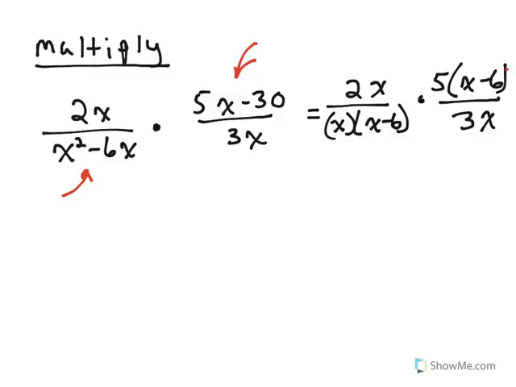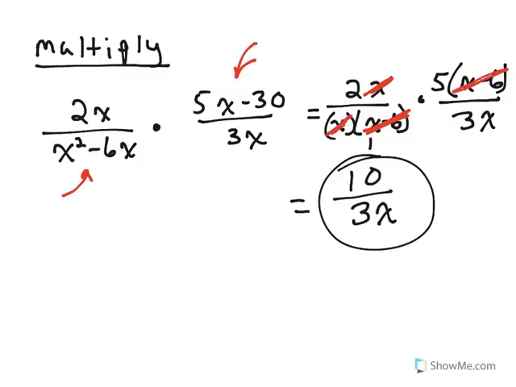Now here the x minus 6 cancels out, and this x cancels out. So what we are left with in our numerator is 2 times 5, which is 10, and in our denominator 1 times 3x, which is 3x. Final answer is 10 over 3x.